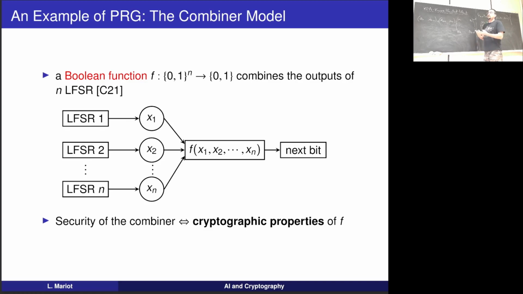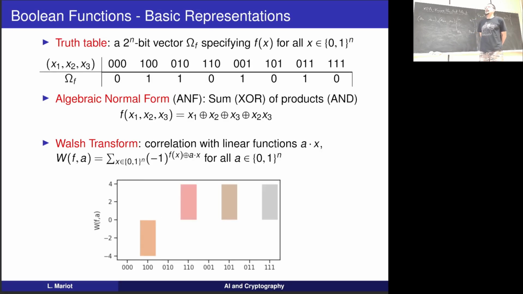So this is the reason why now we are going to see a bit more about the cryptographic properties of Boolean functions. Boolean functions are very basic combinatorial objects used in computer science, and the most basic form to represent them is to use a truth table. So assume that we have our n-bit vectors.